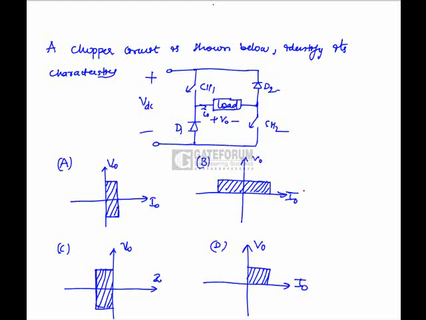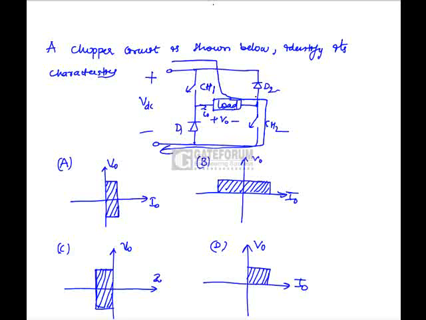A chopper circuit is shown below. Identify its characteristics. We have two choppers, named CH1 and CH2, and two diodes. These diodes are called feedback diodes. Now if chopper 1 and chopper 2 are conducting, the direction of current is in this way.